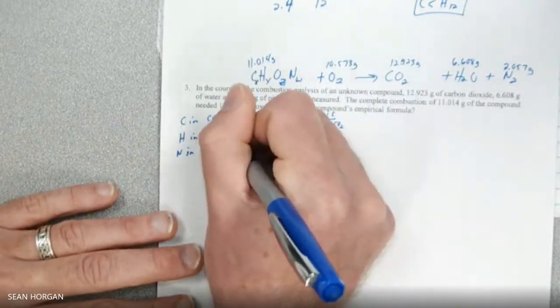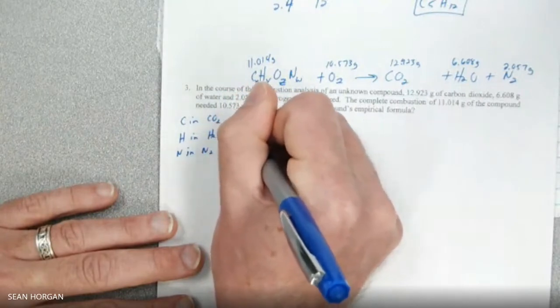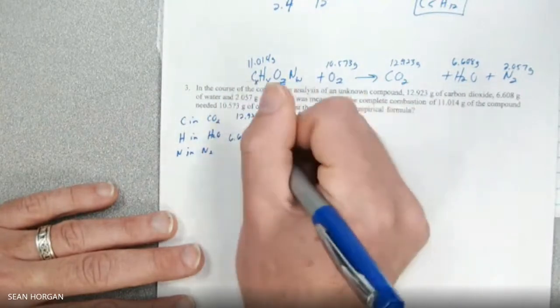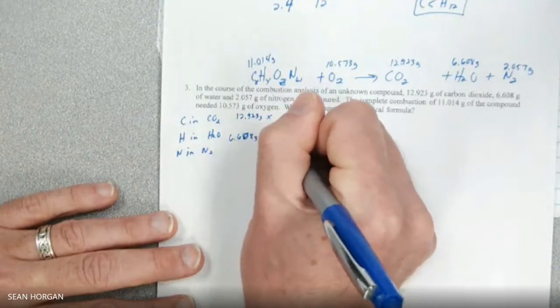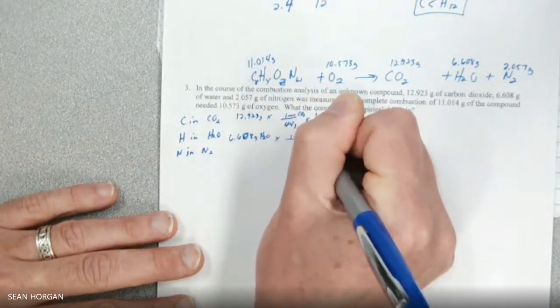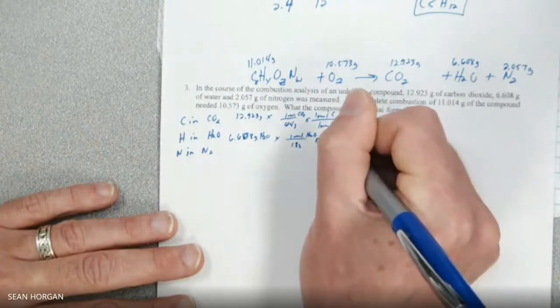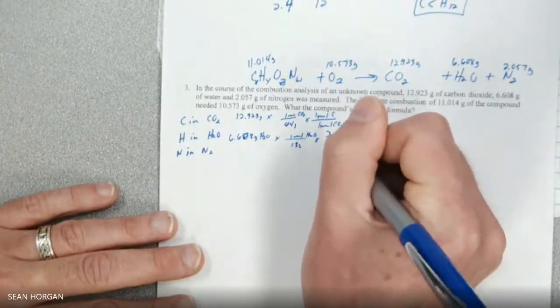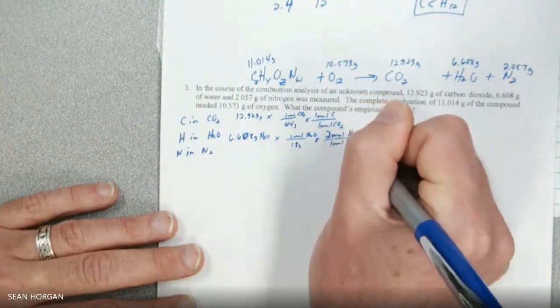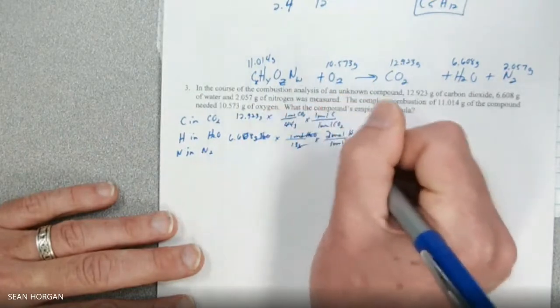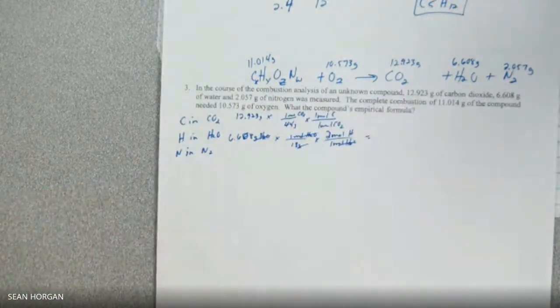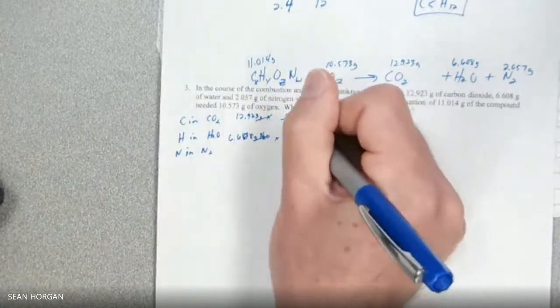And this one, 6.608 grams of H2O times 1 mole H2O per 18 grams, times 2 moles of H for every 1 mole of H2O. Those cancel, right?